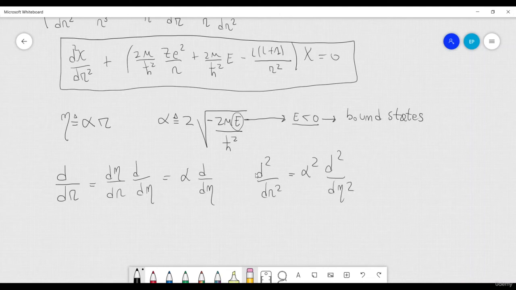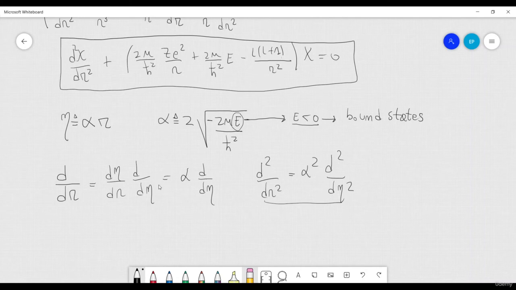Okay, and now if you substitute this expression there, and you also have to substitute the expression for r, which is eta over alpha, and you also have the expression for r squared.